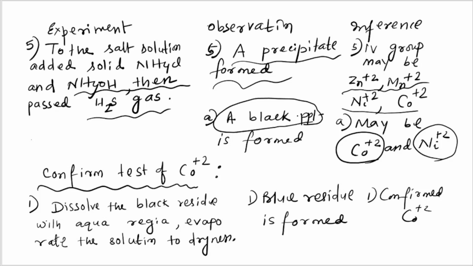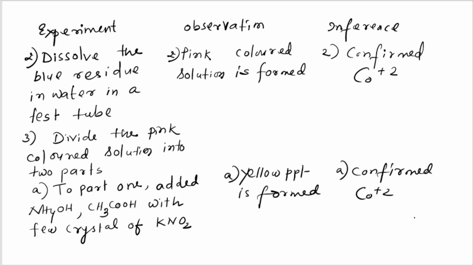That means you combine them 3:1, and evaporate the solution to dryness. Then what happened? The color is very important. If a blue residue is formed, then it is confirmed. Remember, when the black precipitate is dissolved in aqua regia and evaporated to dryness, a blue residue is formed, which indicates Co+2 is confirmed.